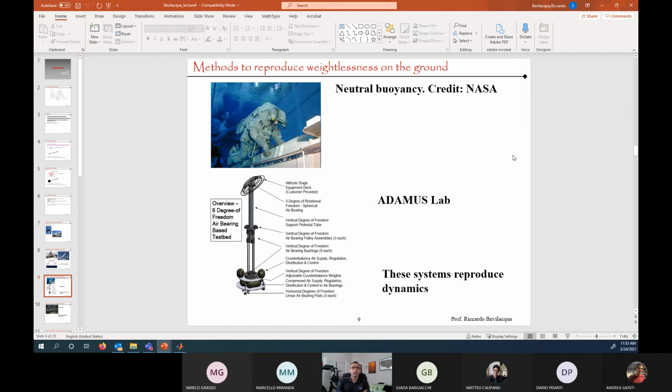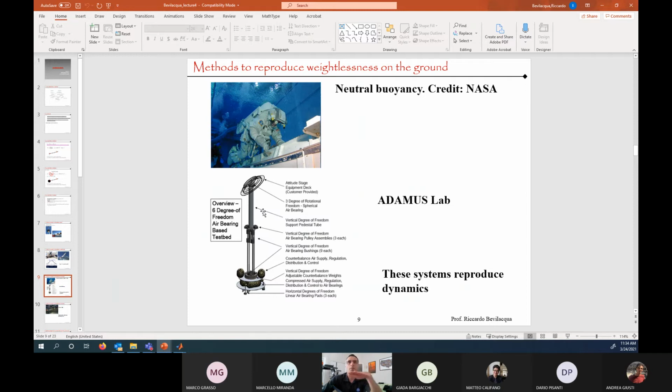And then in our facility, you've seen that we use spacecraft simulators. We try to reproduce weightlessness conditions with a counterbalancing system, like a scale, where the top is the spacecraft simulator and this pedestal is connected through pulleys to a deck that has the same mass as the spacecraft simulator plus pedestal.